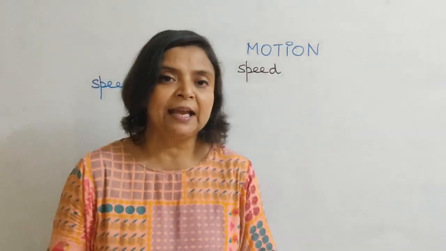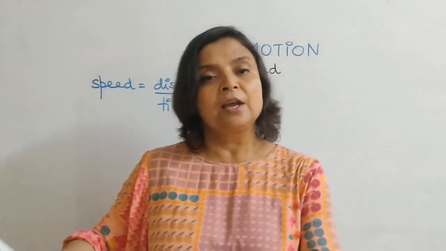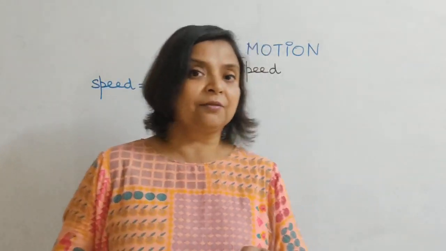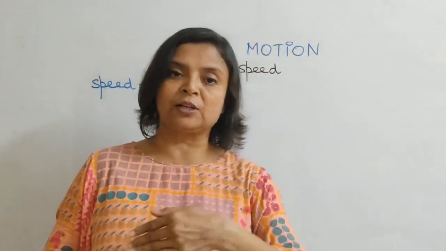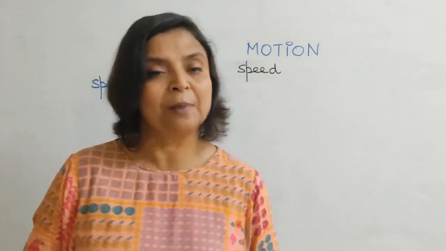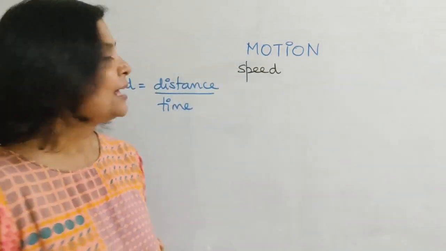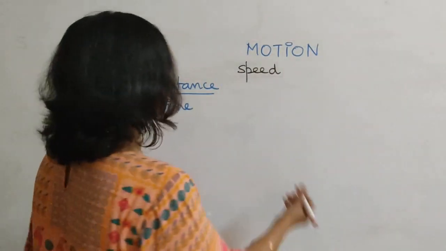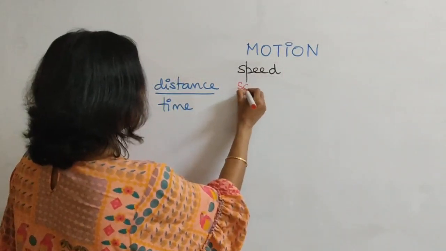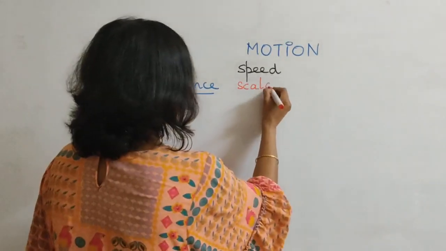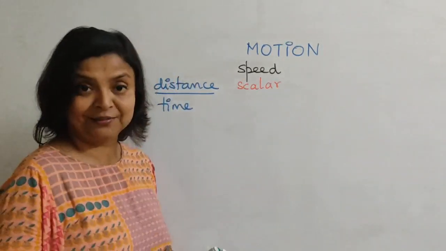So, when we say the speed of the train is 300 kilometers per hour, it just doesn't matter if the train is moving this way or that way or on a curvy path. In other words, here the direction does not matter. So speed is a scalar quantity.